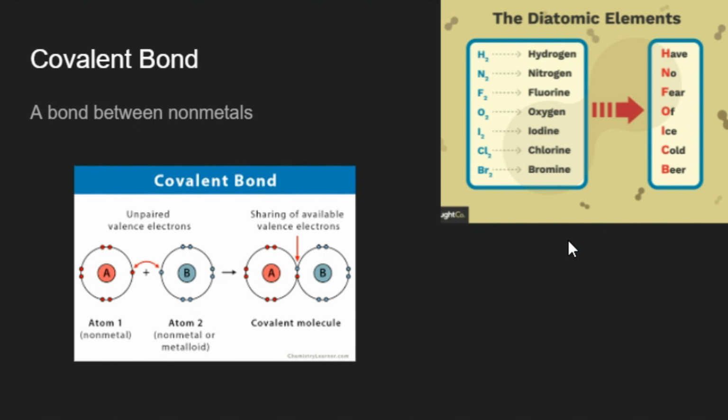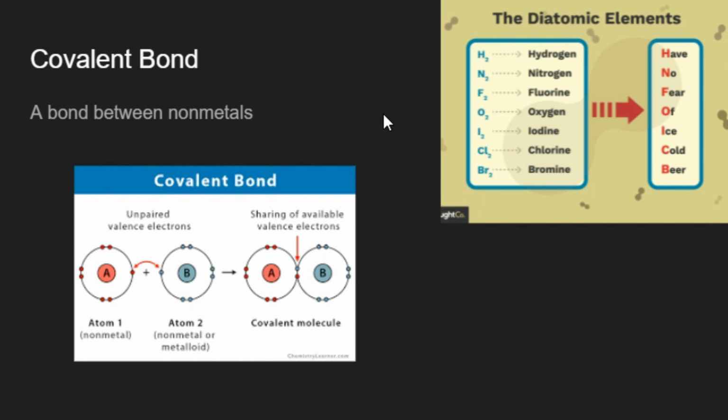Now, keep in mind that when they're sharing the electrons, it doesn't have to be equal. It all depends on the atoms that the covalent bond is between. If it's between, for instance, oxygen and fluorine, the one that's more electronegative will pull the electrons more. Electronegative basically means the ability to attract electrons.